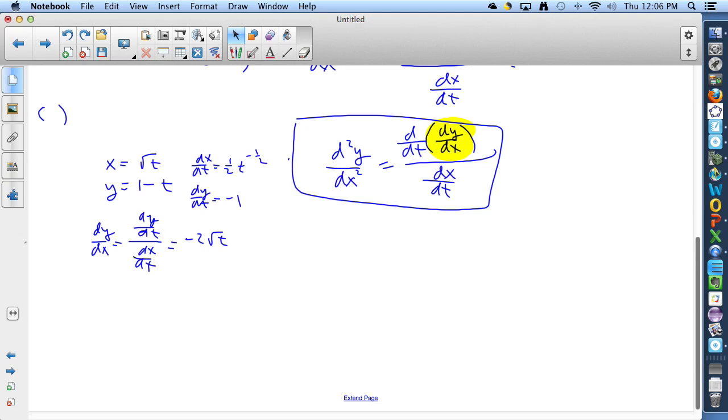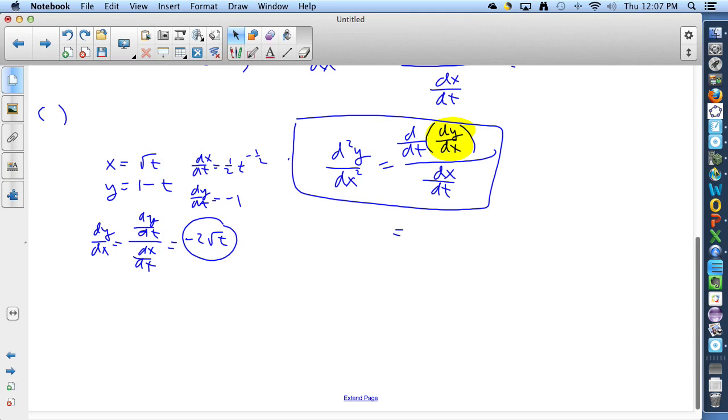Okay? So now it's just a matter of figuring out what we did and what we need to do and plugging in. If I want to find the second derivative for this example, take the derivative with respect to t of the derivative. So I need to take the derivative with respect to t of negative 2 root t. What's the derivative of that?